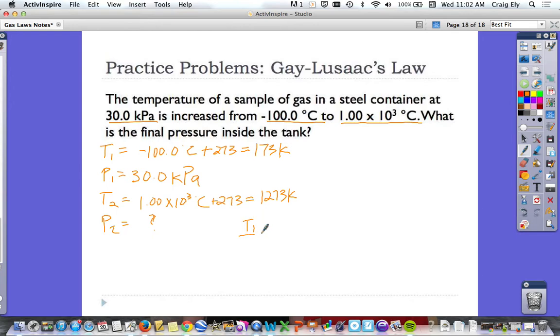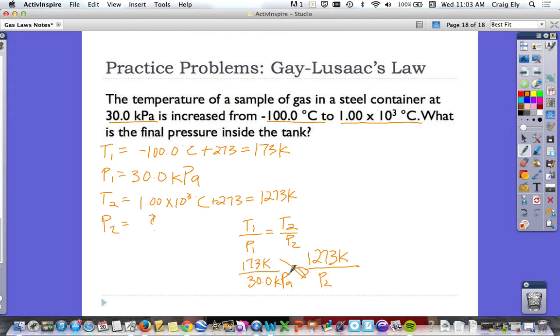So T1 over P1 equals T2 over P2. So we plug in our numbers. 173 K over 30.0 kPa is equal to 1,273 K over P2. So that's what we're solving for.